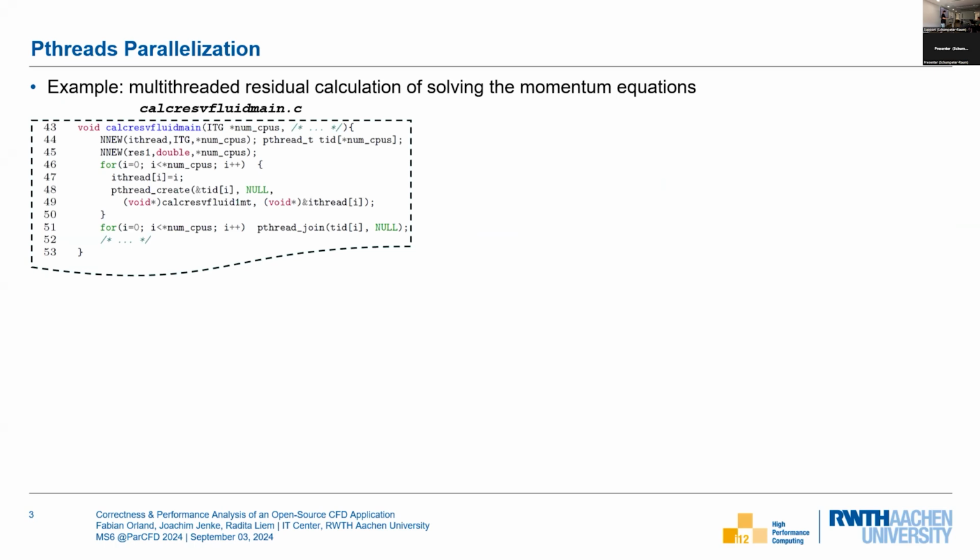This routine has a loop structure with a variable numCPUs, which indicates how many worker threads should be created. Inside this loop, the pthread_create call creates as many threads as the user requires by setting this variable.